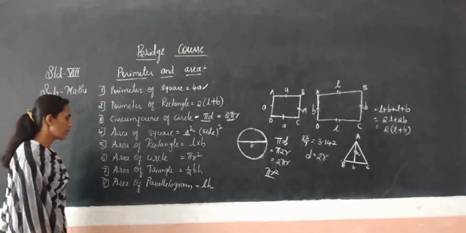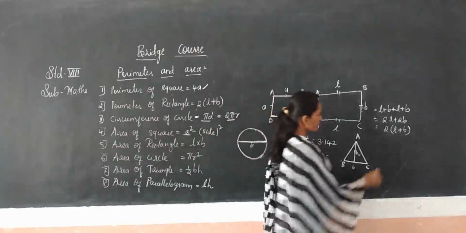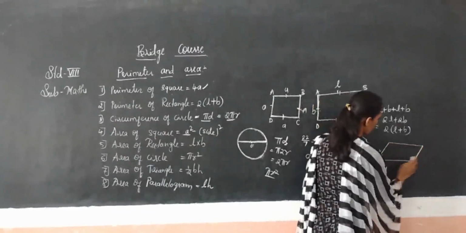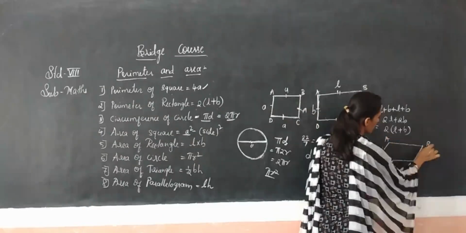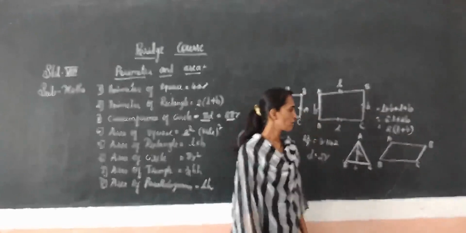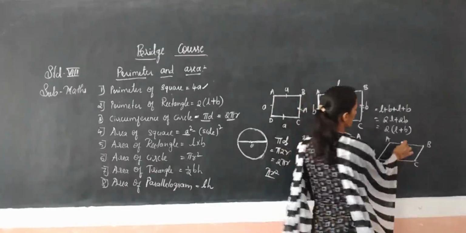So next one will be area of the parallelogram. Parallelogram is a plane figure in which opposite sides are parallel to each other.